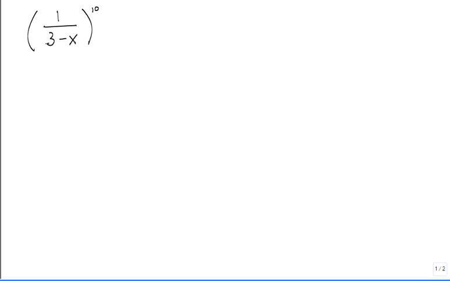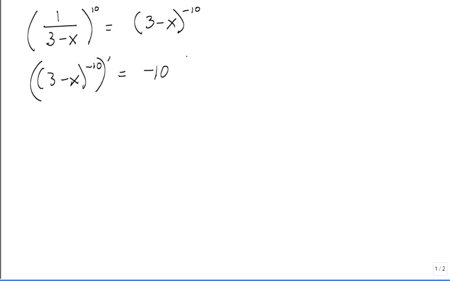Now we could use a quotient rule here, but since we have a constant in the numerator, the best thing to do, the trick here, is to rewrite this to the negative power. So I would always do that. You don't have to, but if you use the quotient rule, it's a lot longer. So when I take the derivative of this, I bring the power down, leave the inside alone, subtract 1, come back, take the derivative of the inside.